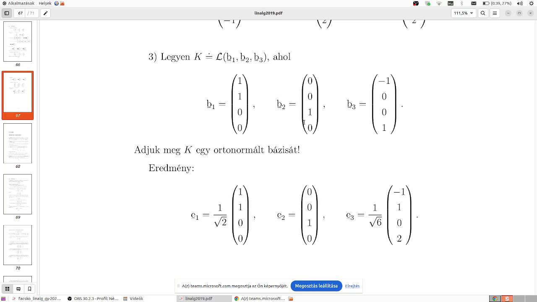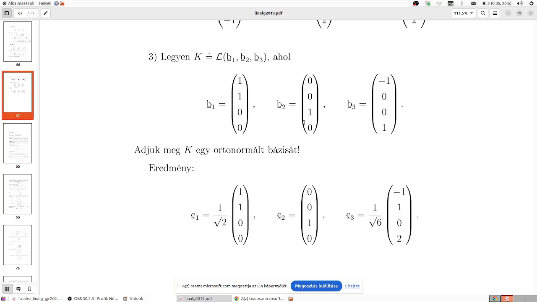A1, A3. 1 minus 1 is minus 1 plus 1 and then 0, 0, so it's 0. So the scalar product of A1 and A3 is also 0.